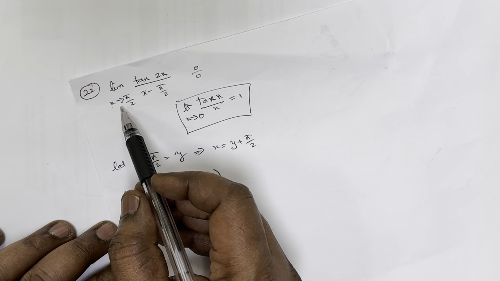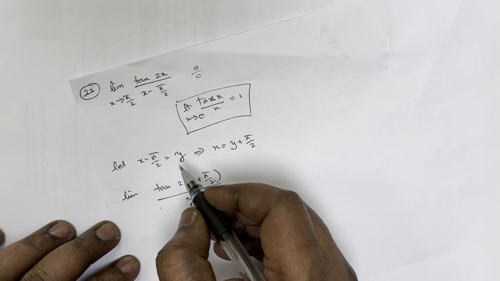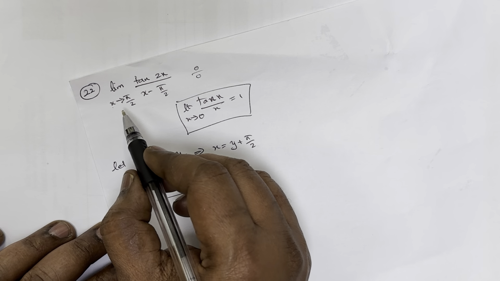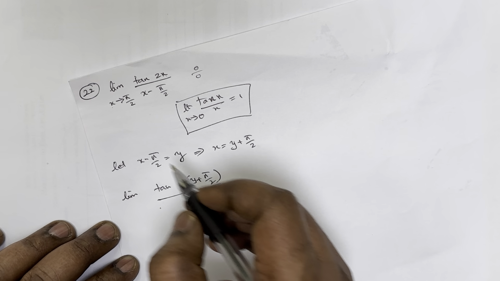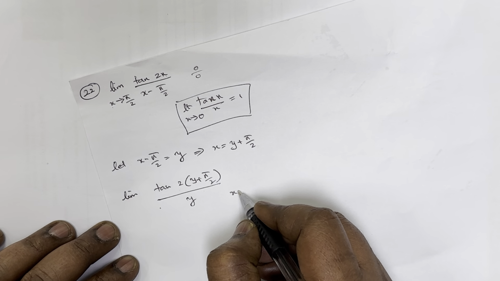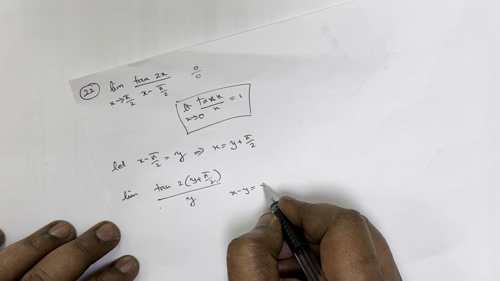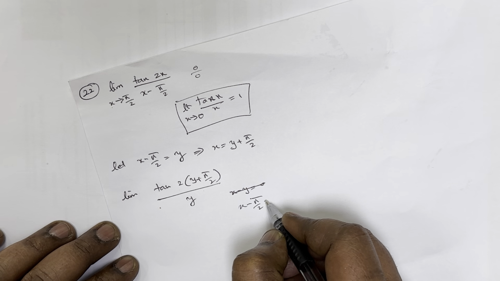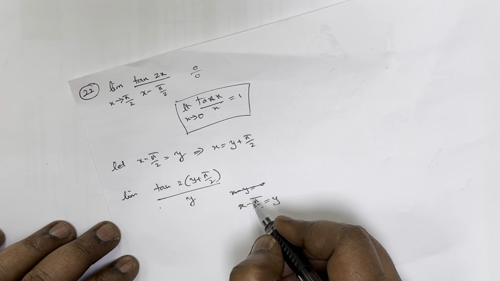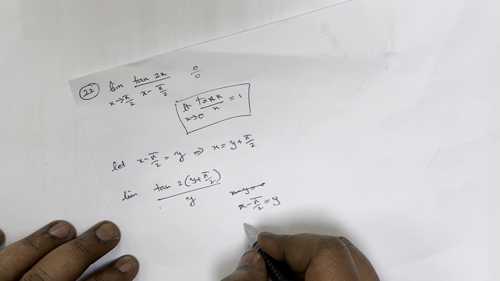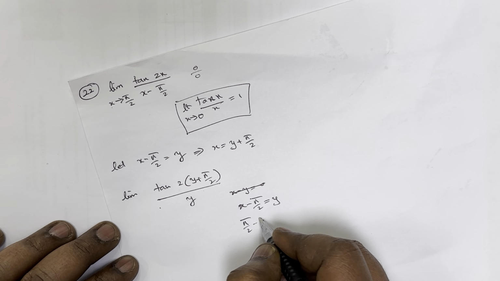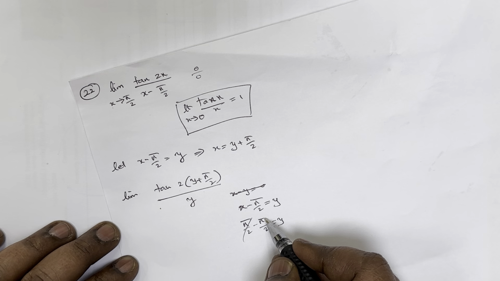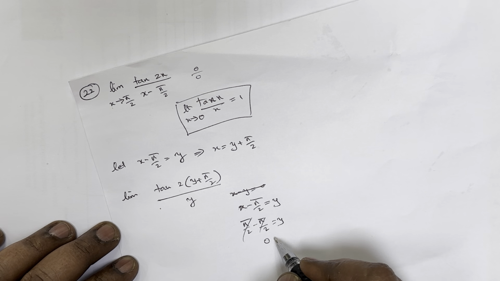Now see, it's x tends to pi by 2, so how do we get the limit for y? We have assumed x minus pi by 2 is equal to y. As x is approaching pi by 2, let's put pi by 2 instead of x, and both the pi by 2 will get cancelled, and we get 0 equal to y.